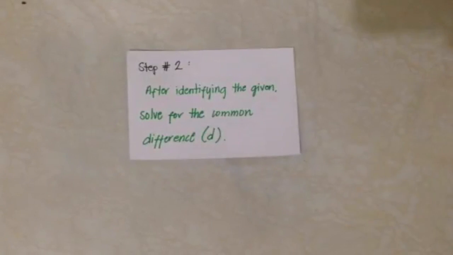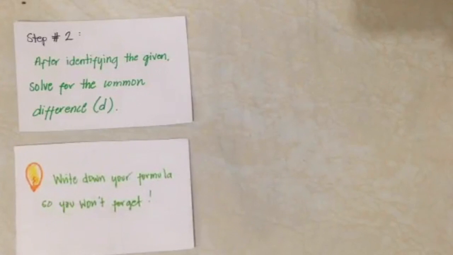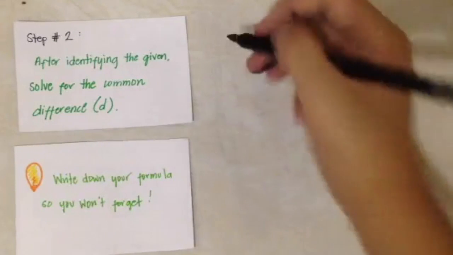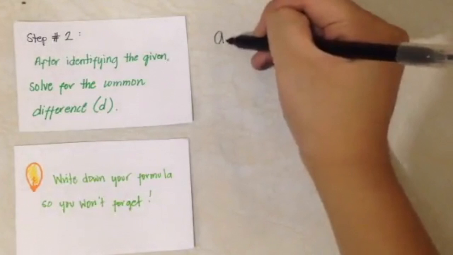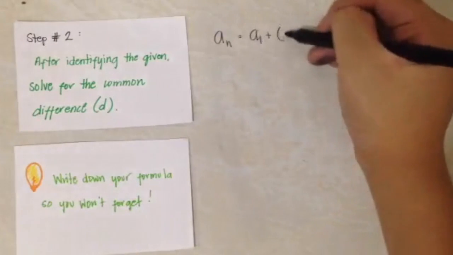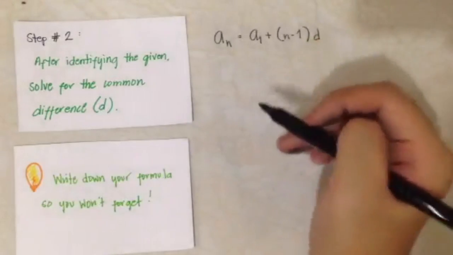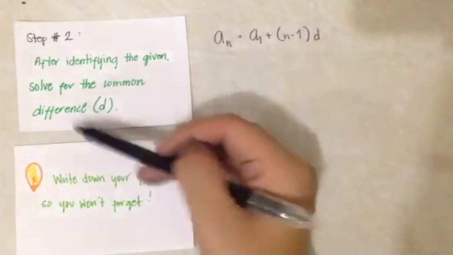Solve for the common difference. Remember to write down your formula so you won't forget. So the formula is a sub n is equal to a sub 1 plus the quantity n minus 1 d. There are two ways of solving for the common difference.